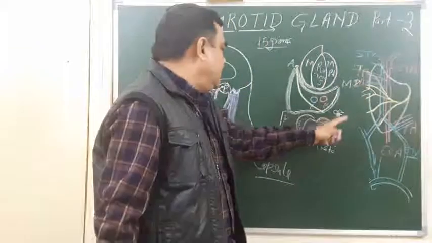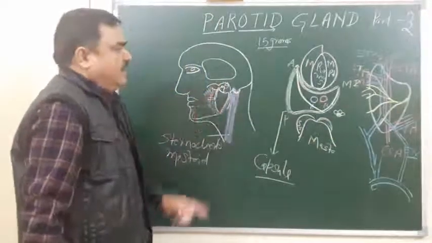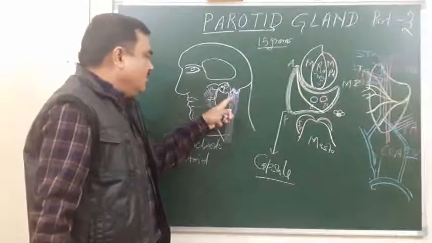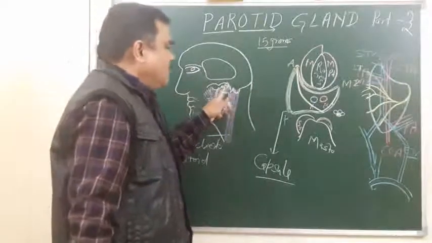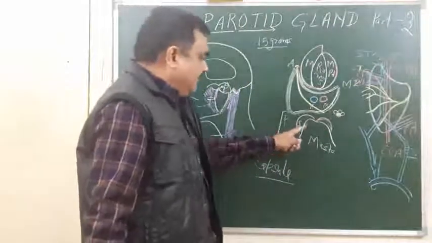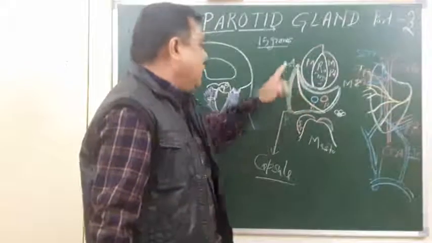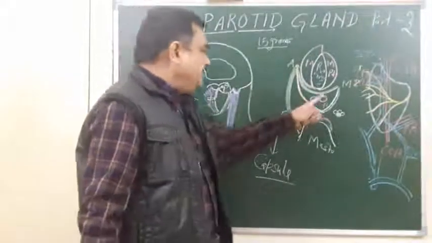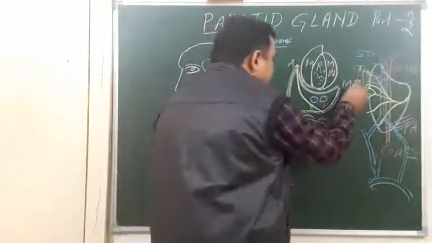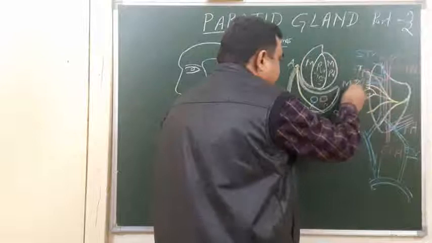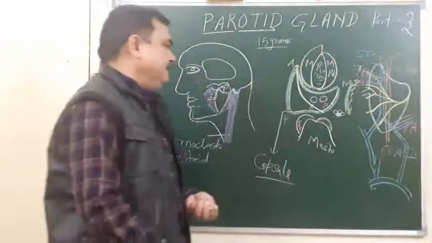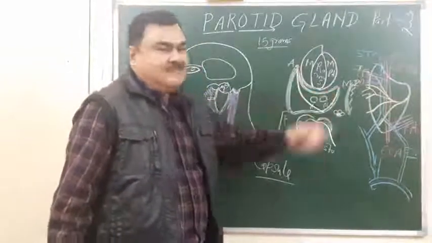These structures are related to its anterior border, and the posterior border is related with the sternocleidomastoid muscle and mastoid bone. Here is the posterior border, this is the anterior border, and here is the medial border. The medial border is related with the wall of the pharynx.